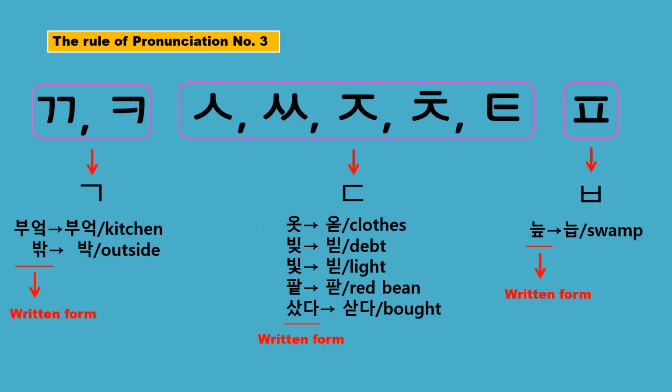Okay? Right. The rule of pronunciation number 3 is this. 쌍기역 and 키읔 becomes 기역. Like this. 부엌, 부엌.